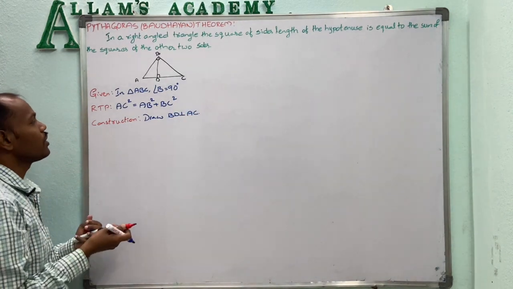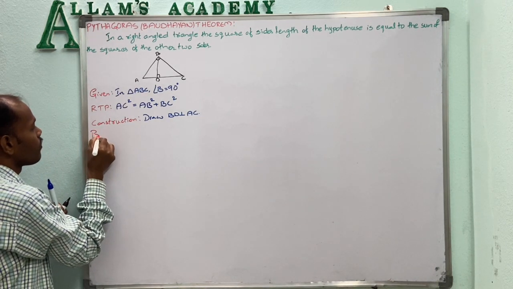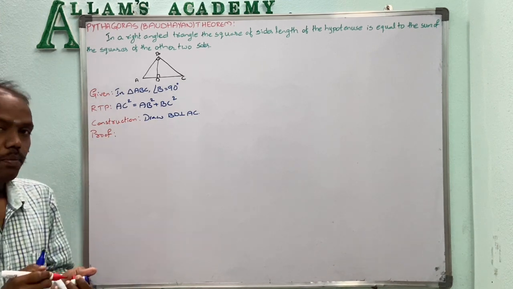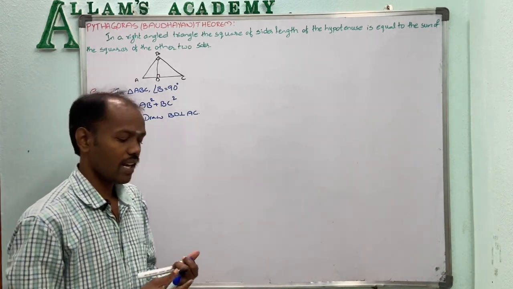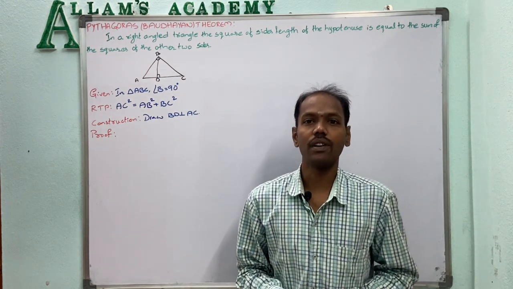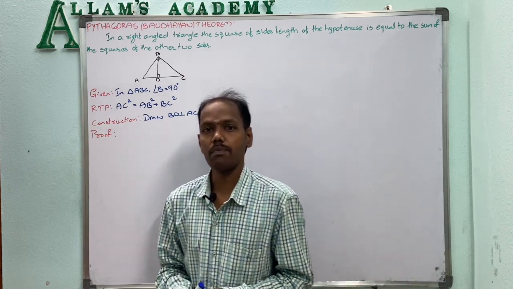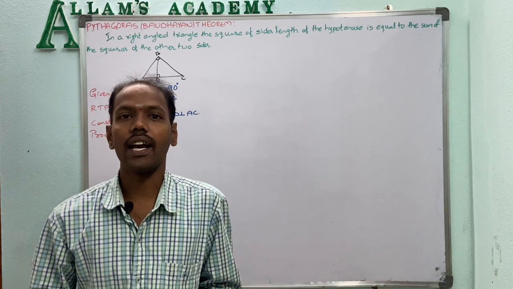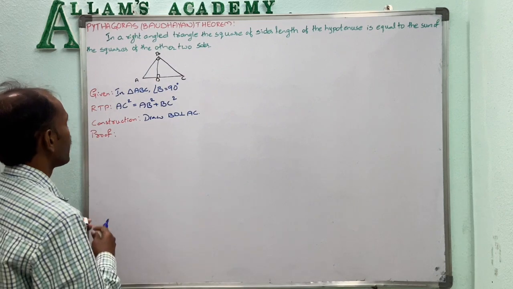Okay, now we see the proof. For proving this, we have to recall the similar triangle principle. In similar triangles, what happens? If two triangles are similar, then their corresponding sides ratios are the same and the corresponding angles are equal. So now we use this and solve.